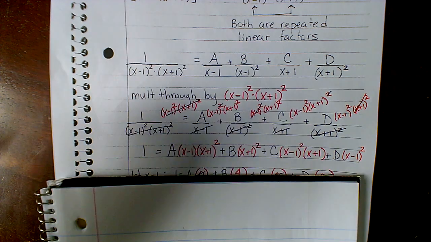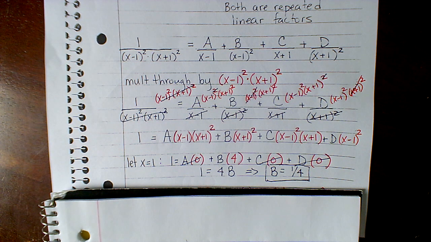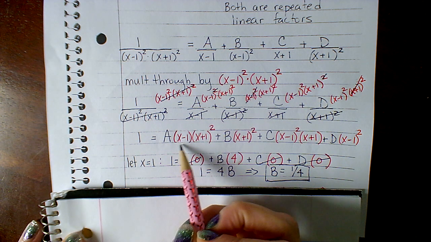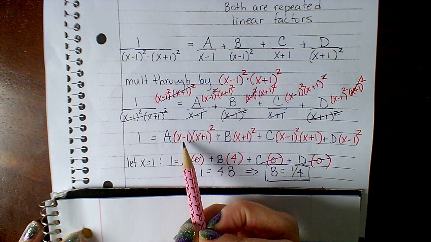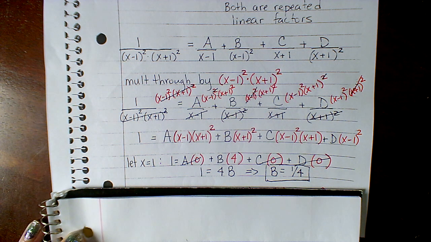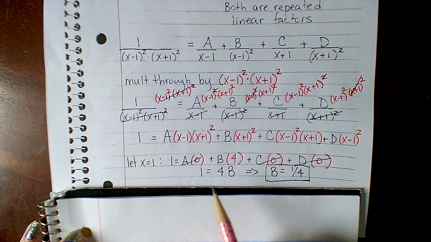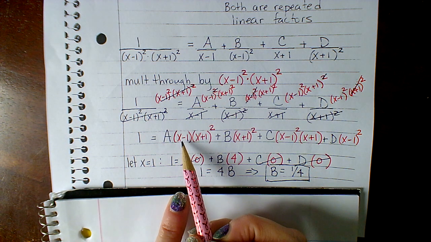All right, let's start plugging in numbers for x. I started with 1 because I saw that plugging in 1 would eliminate this x minus 1 term. So if I plug in x equals 1, this is a constant over here, that's just 1. That's going to be A times 0.